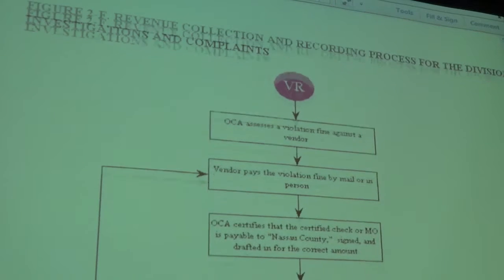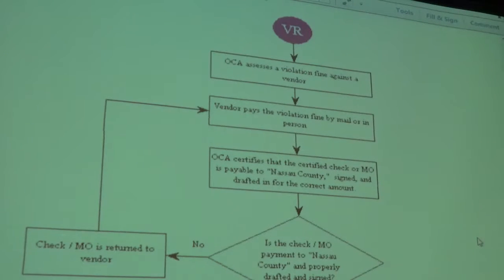Once the fees are issued to a home improvement vendor or an online vendor or any client, even a non-licensed contractor or unlicensed vendor, OCA assesses the violation and issues a violation fee against the vendor. The vendor pays the violation fee by mail or in person. OCA certifies the check, or other money payable to Nassau County.